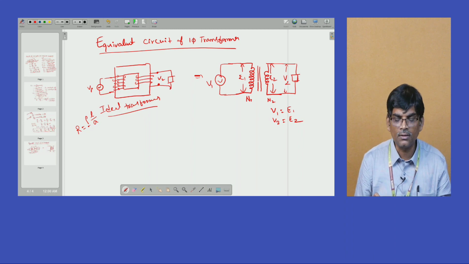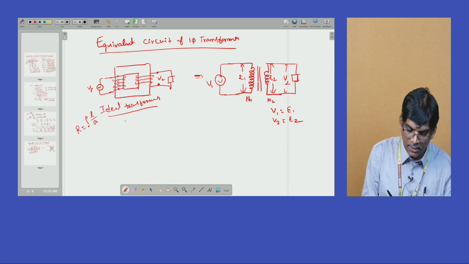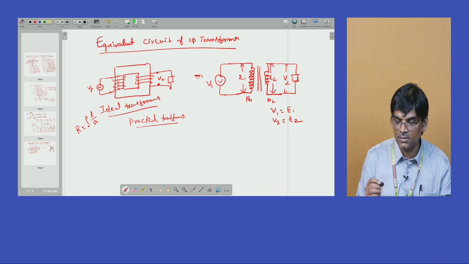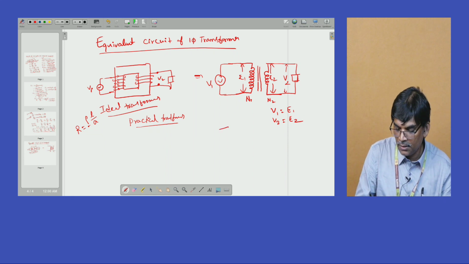Both iron loss and copper loss are involved. But how can you represent all these losses in a practical transformer? So, in a practical transformer, it offers resistance.